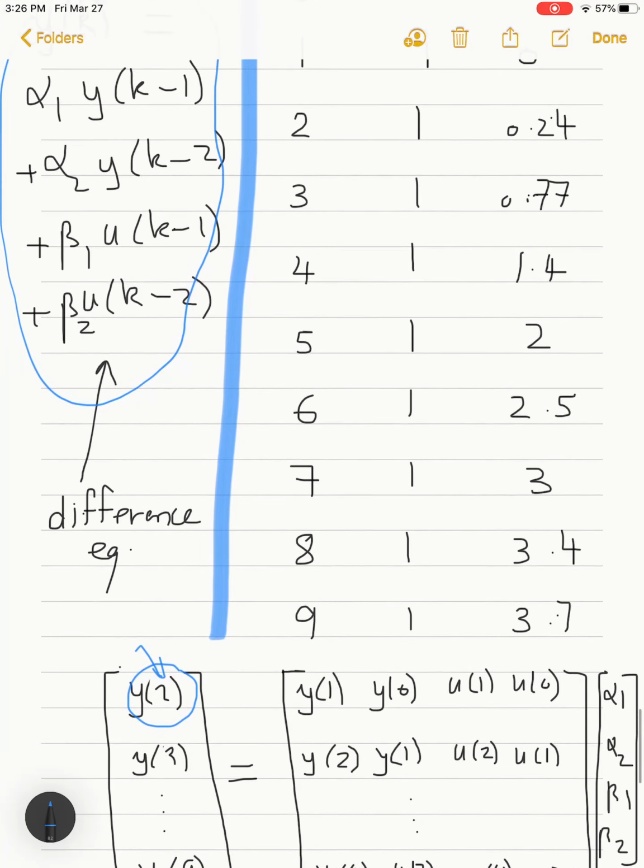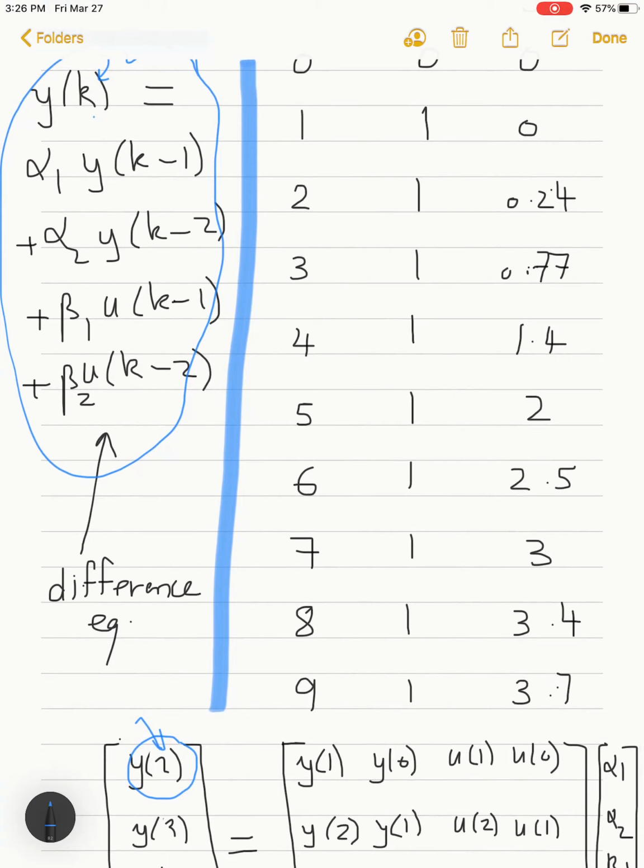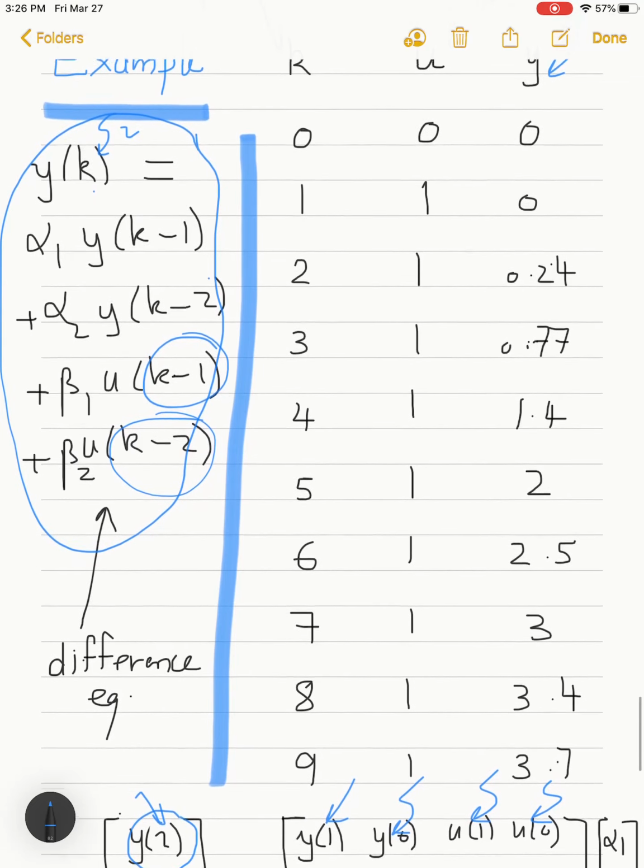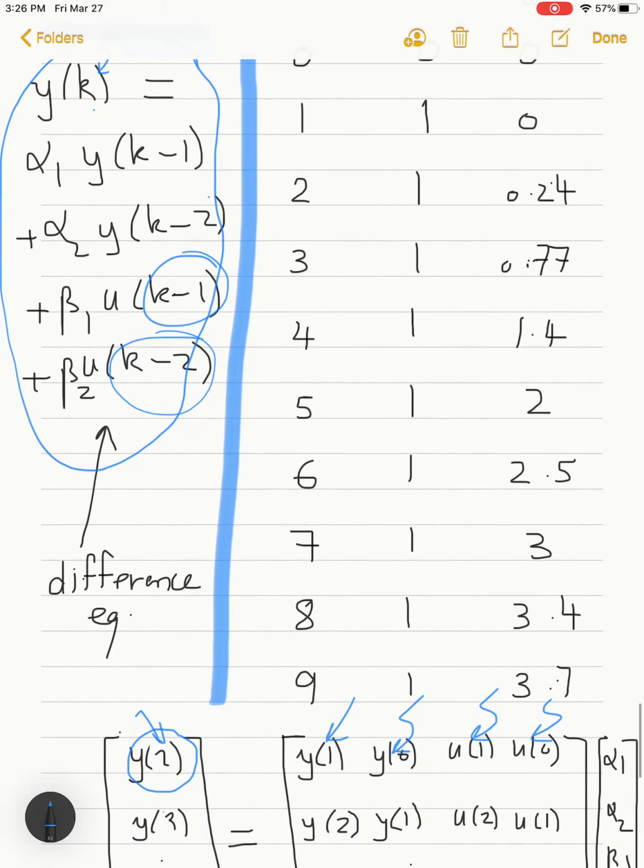If you take k equal 2, then you will need y of 1, which is here, and then y of 0, which is here, u of 1, and u of 0. And from the table, I can pick up the required values.